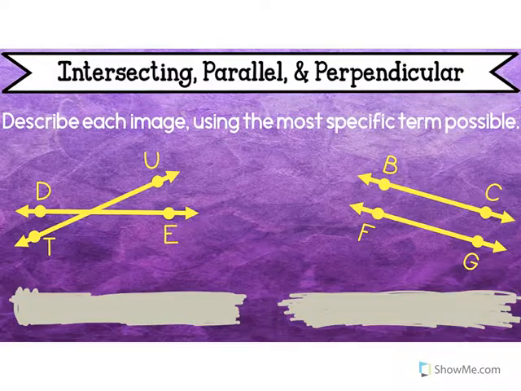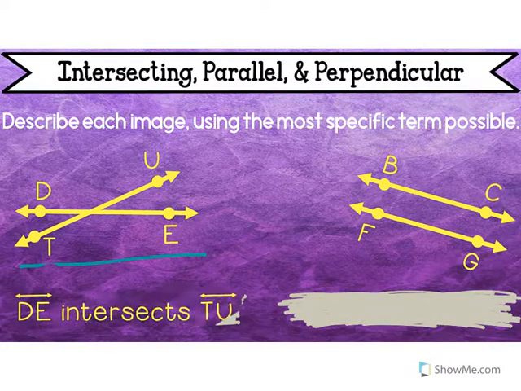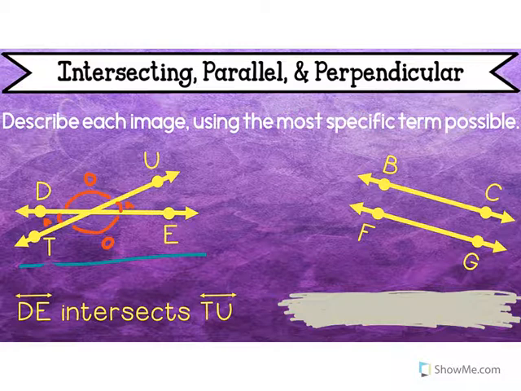Let's do some practice. So, I have two images on here. I want you to focus on this first image first. What type of lines are they? Intersecting, parallel, or perpendicular? You're right if you said intersecting, because they form, if you look, this is an acute angle, this is an obtuse angle.